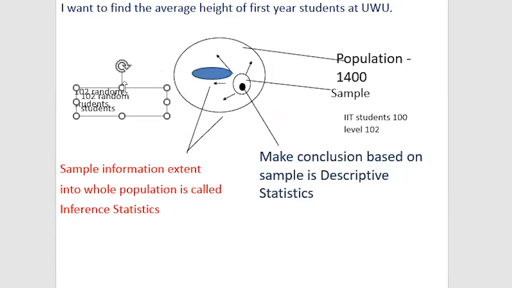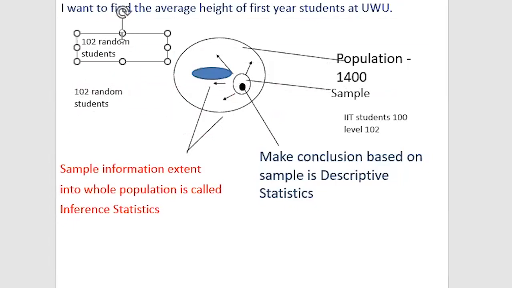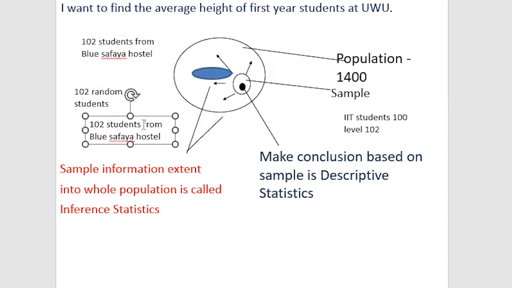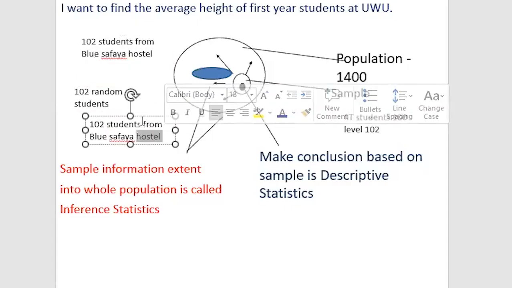When you are in the other student group, they will select 102 students. In all the cases my sample number is the same, from Blue Sapphire Hostel. Then I will select another way of 102 students.